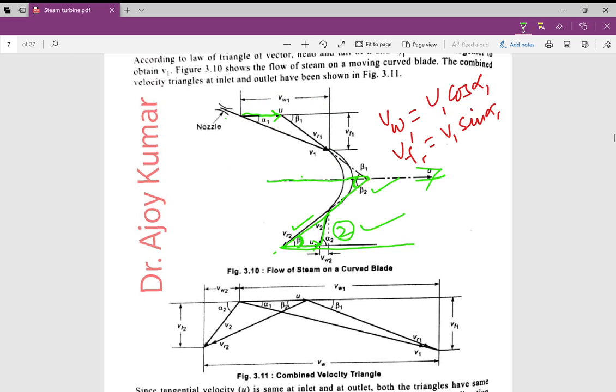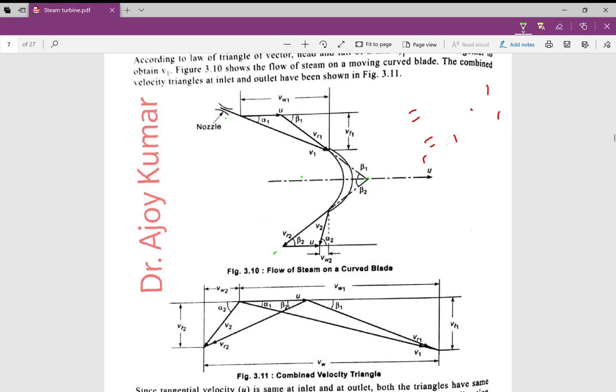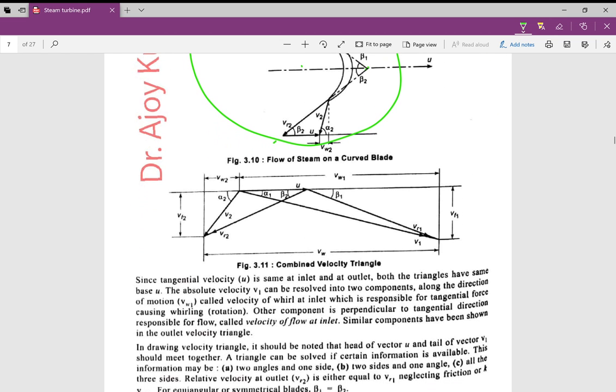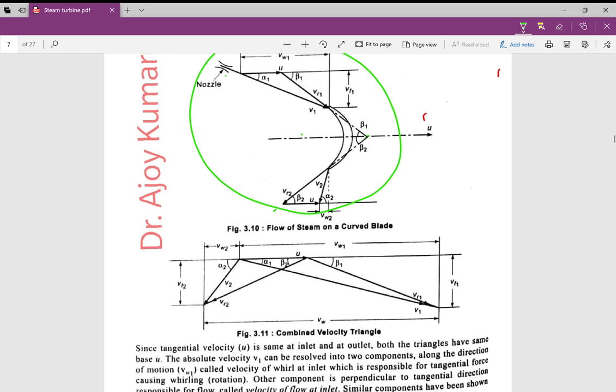Now from the examination point of view, it is not necessary to draw these velocity triangles separately, so for your easiness, this is combined over here.